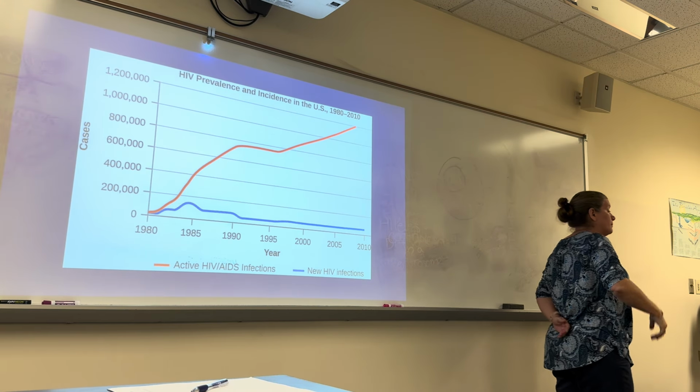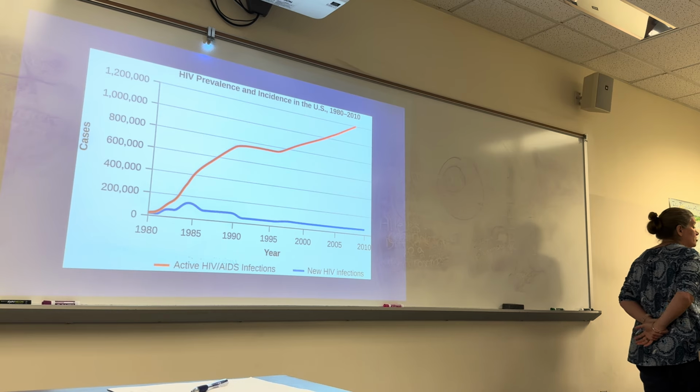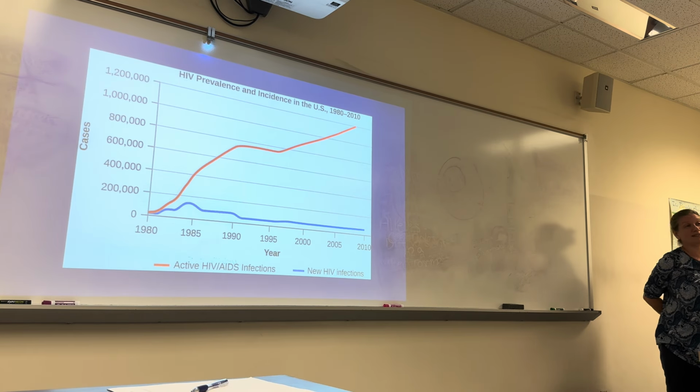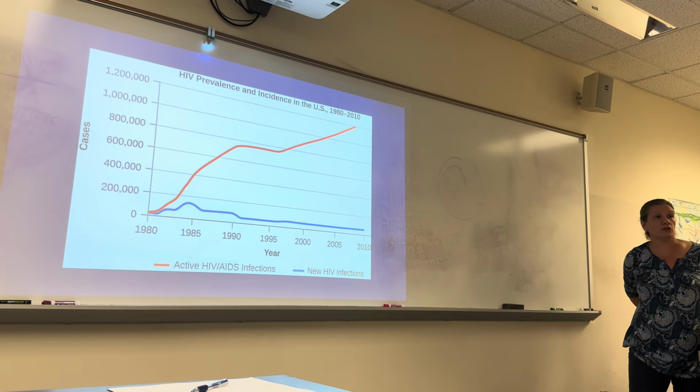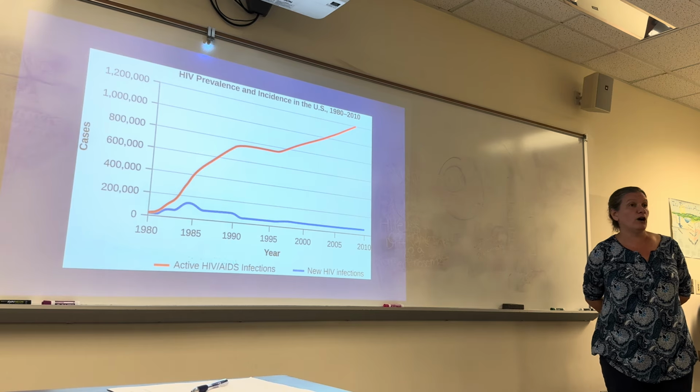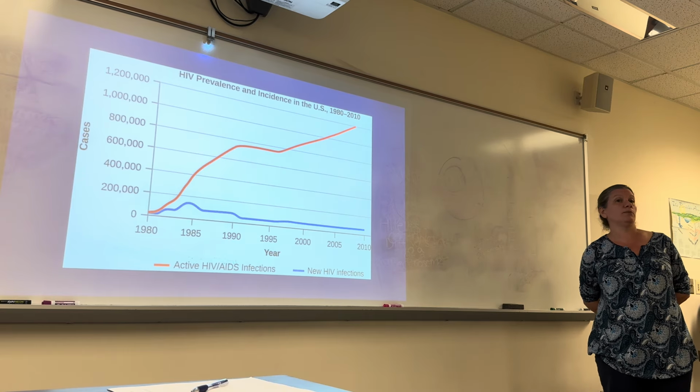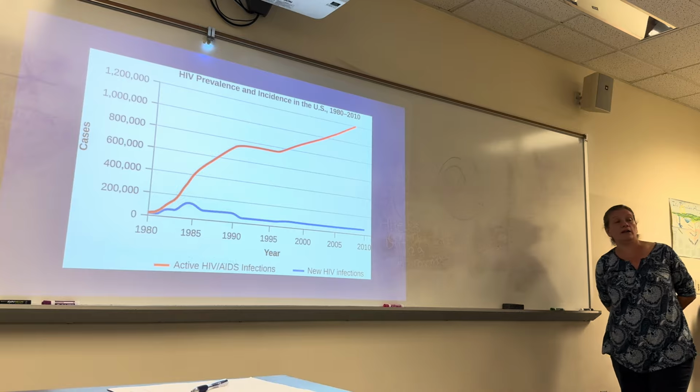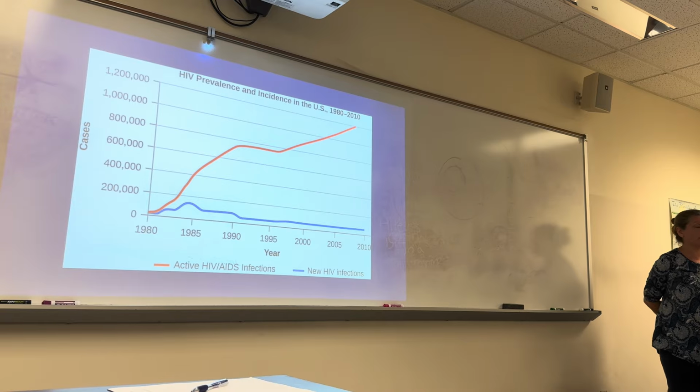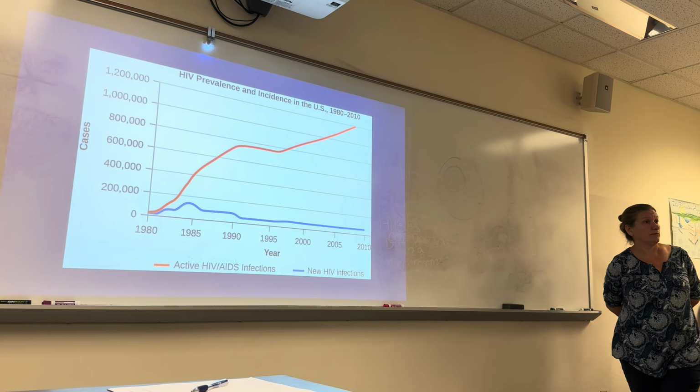Total cases are increasing, and that is because it's no longer necessarily a life sentence. You're not going to necessarily die at this point, taking medications properly. You can live just as long a lifespan as somebody who does not have the virus.